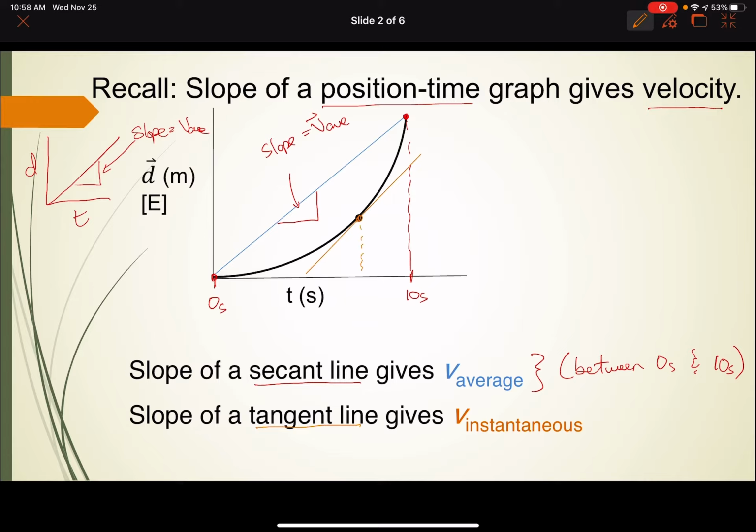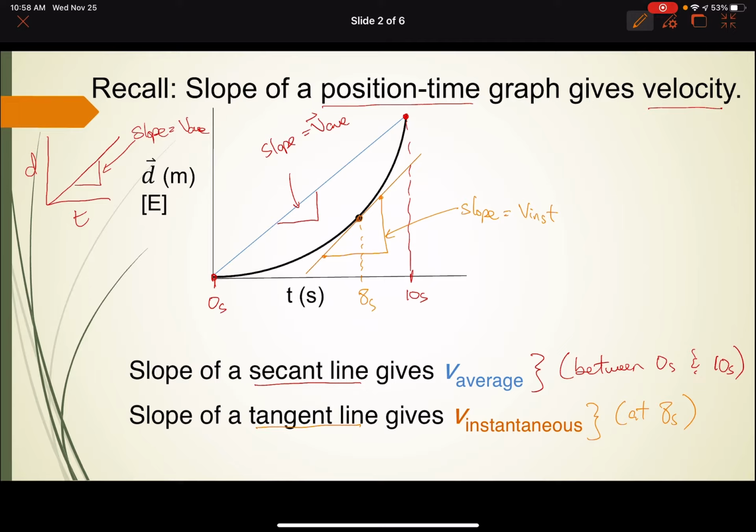And if I was to dot that down, let's say, I don't know, it looks like it's maybe 8 seconds. The tangent line, if I find the slope of this thing, and again, I can use any 2 points off of that straight line, the slope of this gives me instantaneous velocity, and that instantaneous velocity would be right at 8 seconds.